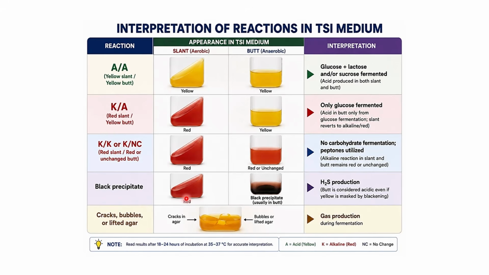And a red slant with a black precipitate, usually in the butt, shows hydrogen sulfide production. And cracks in the agar and the formation of bubbles or lifted agar in the test tube medium shows the production of gas during fermentation.